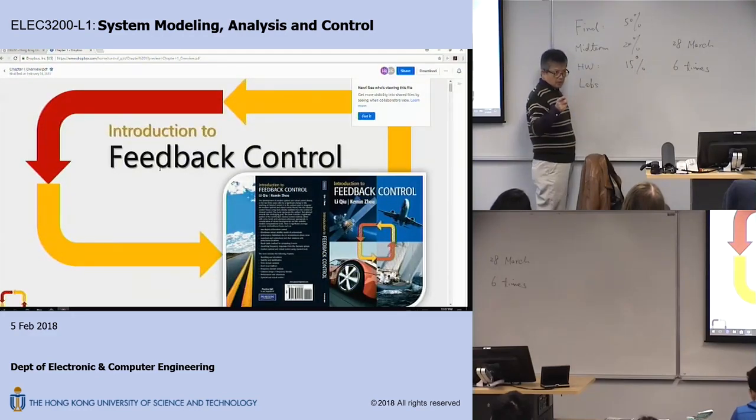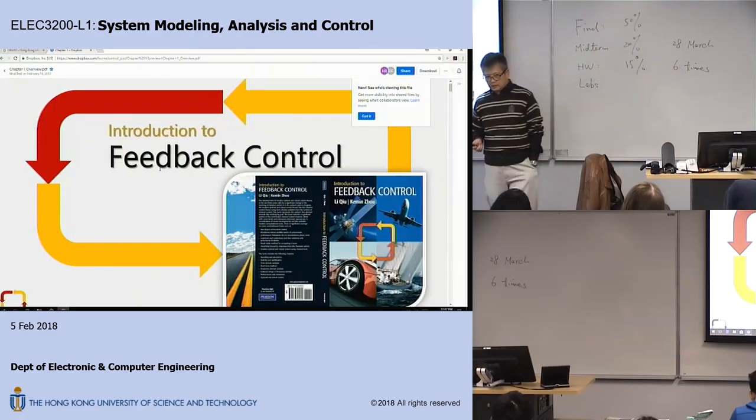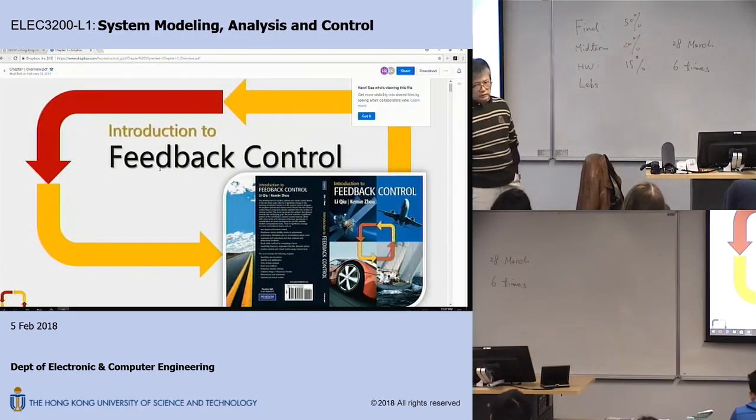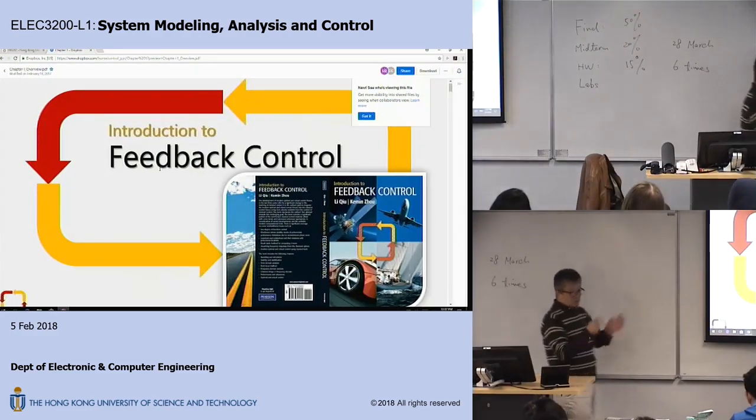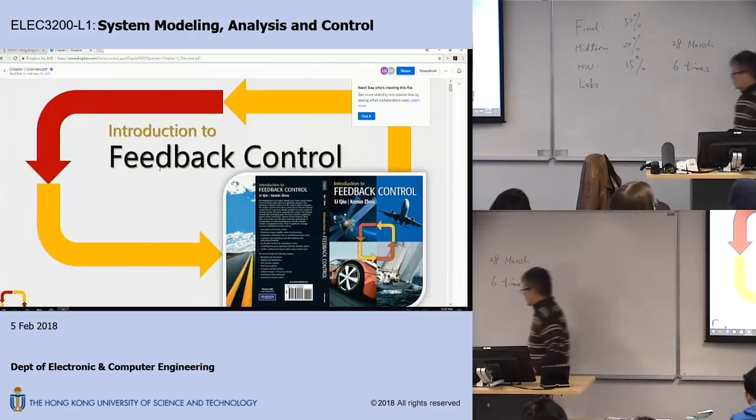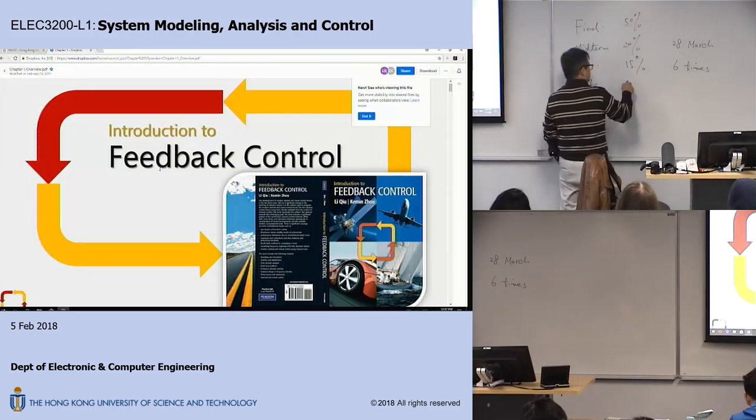Some of you probably want to know, what is the lab schedule? The lab schedule will be fixed after I get all the enrollment in this course. So the lab time will be fixed according to your needs, basically. We'll make sure that all of you will be able to do the lab during your available time. So this will be 15%.